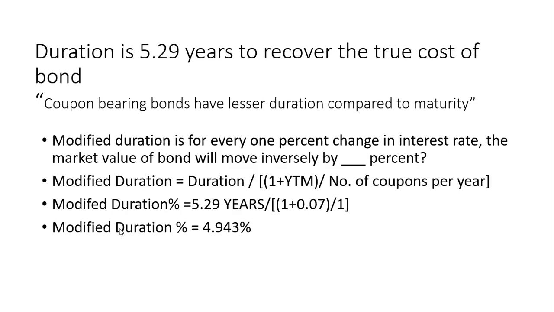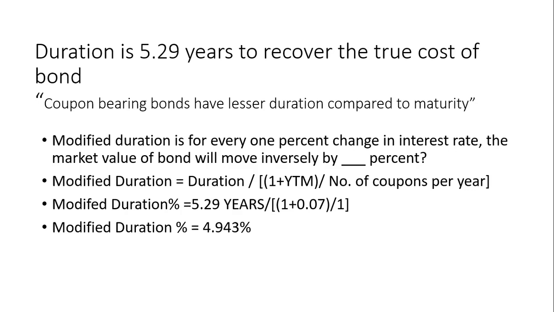Modified duration means 1% change in interest rate affects the bond with 4.943%. When interest rate will increase by 1%, bond prices will go down by 4.943%. When interest rate falls by 1%, bond prices will increase by 4.943%.